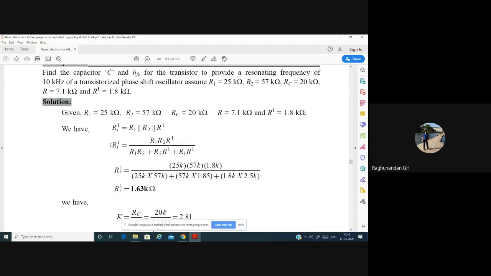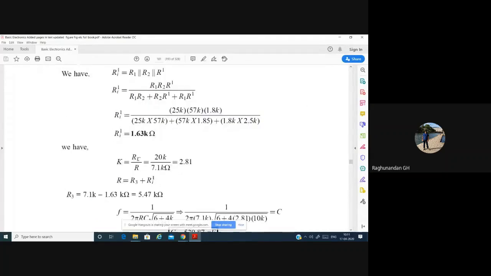In the RC pair, one of the R values is connected in series. Even though it is connected in series, since R1, R2 are in parallel, automatically this also will be acting as parallel. So now the total input impedance will be this much, 1.63 kilo ohm. Okay, for this problem it is not necessary, but it is better to know this one.